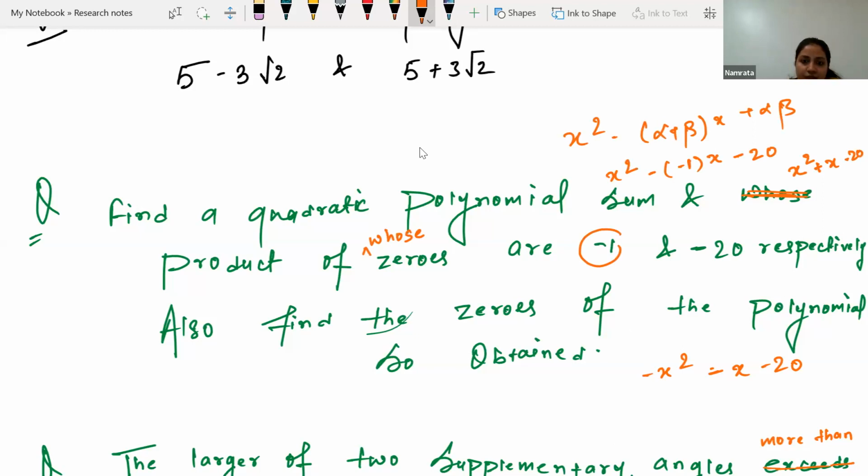Yes, ma'am. Please check it. It will be x square plus x. If you have written minus x, it will be plus x, okay? Minus 20. Now we have to find the roots, the zeros. Please find it.